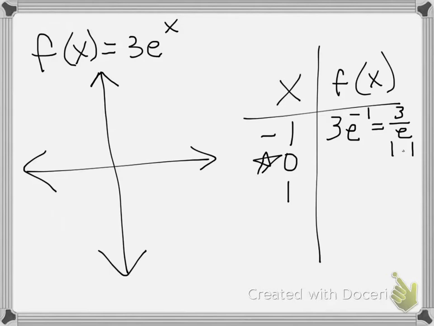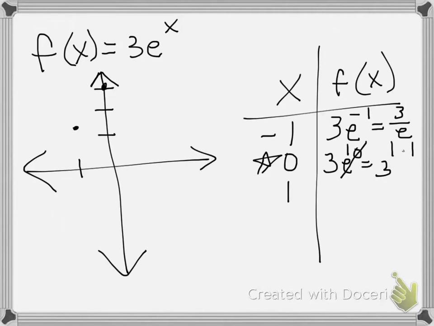So when x is negative 1, y is 1.1, so I'm going to go just above, put a dot just above where 1 is. When I plug in 0, I get 3e to the 0 power. Anything to the 0 power is 1. 3 times 1 is going to be 3. So at 0, I go to 3, there's my dot.